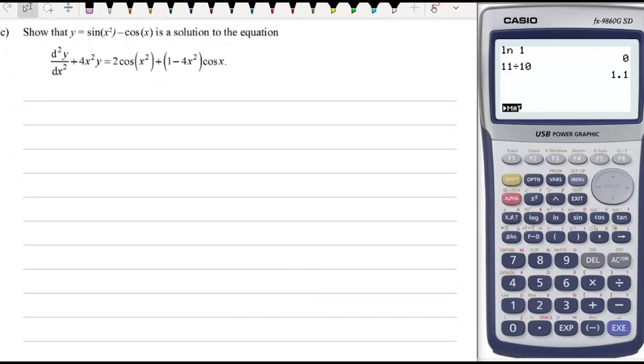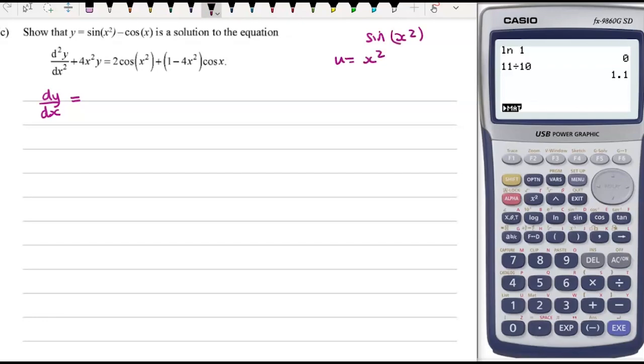Okay, part C, we want to show that this equation works when y equals sine of x squared minus cos of x squared. So we need the second derivative for this part here. So we'll have to work through the first derivative. Now for the sine of x squared, I'm just going to do it over here.